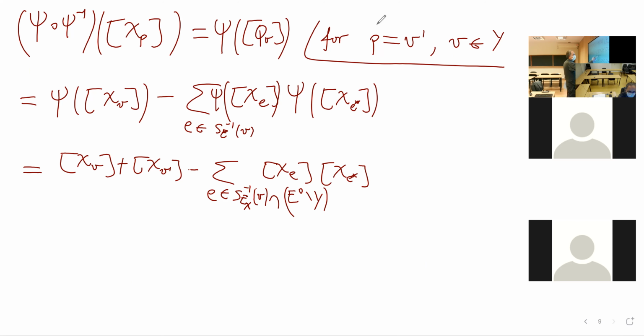Subtracting F from SE inverse V is the same as taking SEX inverse V and intersecting with E0 minus Y. So here simply I exclude Y prime, although that's redundant anyway because Y prime has no things, but formally speaking, this looks much better. Okay, that's what we want.